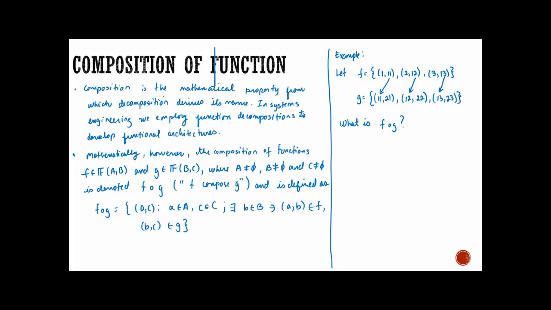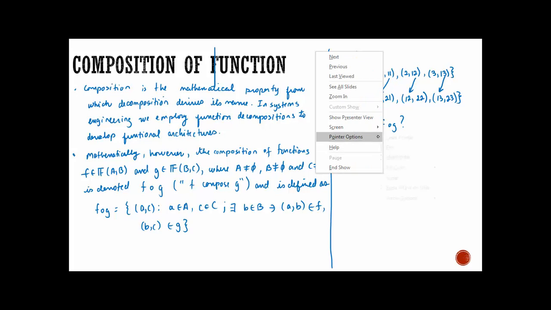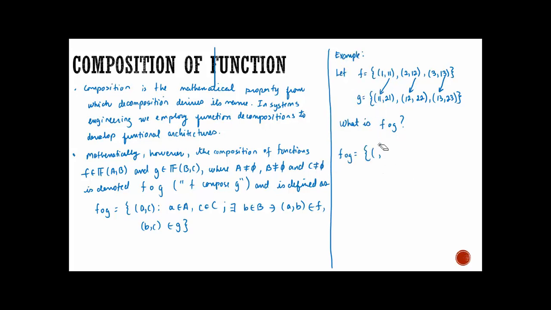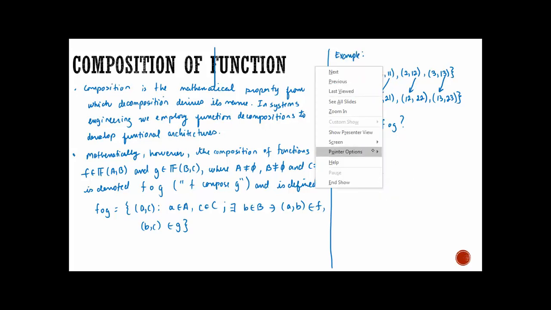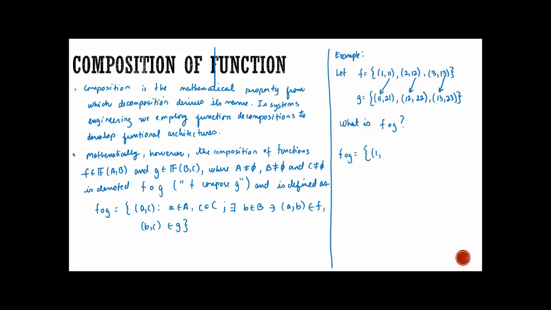So if I want to create a composition of these two, then f∘g is going to be equal to (1, 21), (2, 22), and (3, 23).